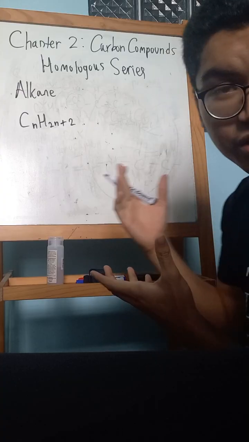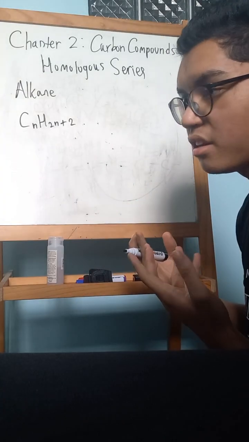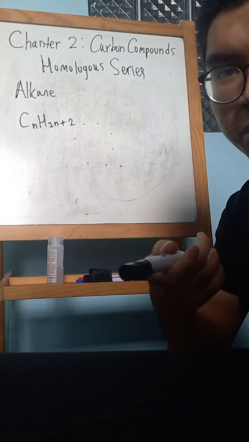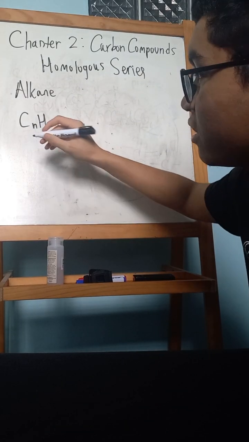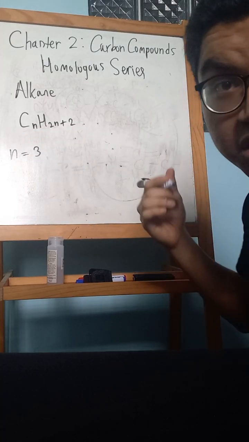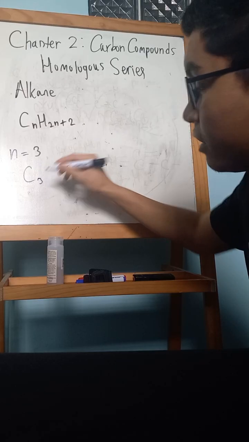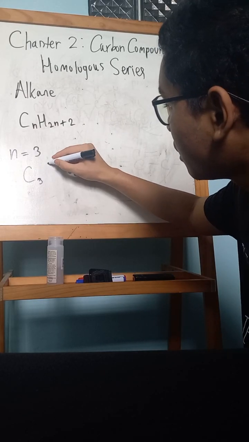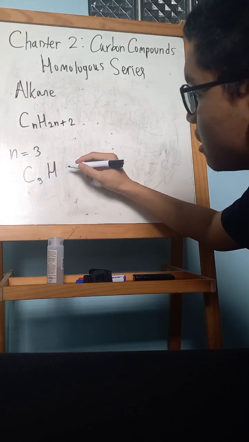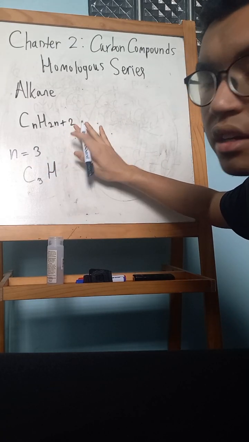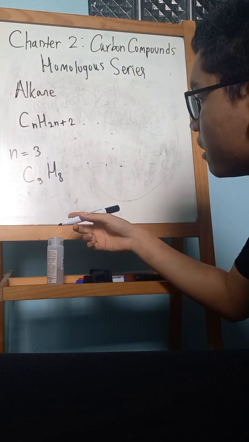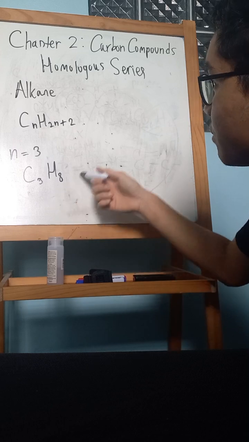Now if you're confused on what this means, let's say I'm asking you to form a carbon compound with 3 carbon atoms. Okay, let's sub it in now. C3, okay? H, 2 times n, 2 times 3 is 6. 6 plus 2 is 8. C3H8. This is an alkane. This is classified under alkane.